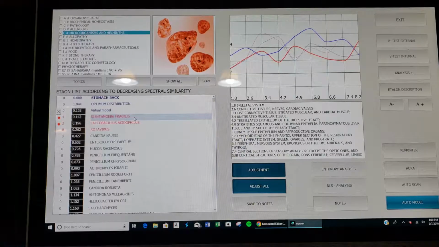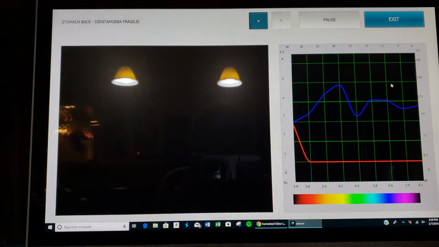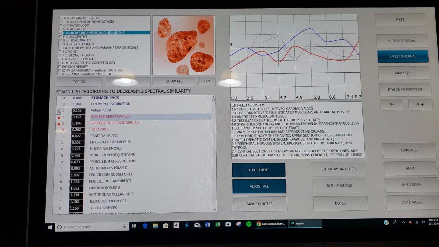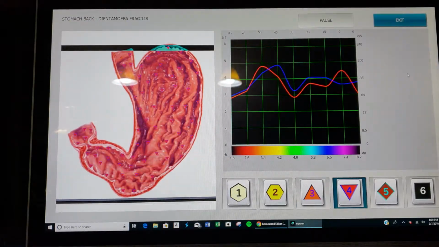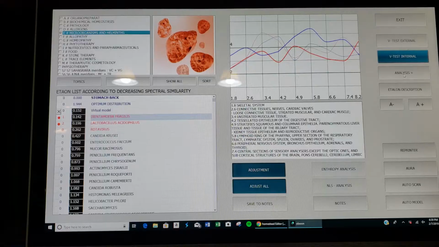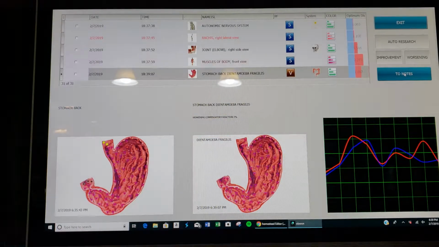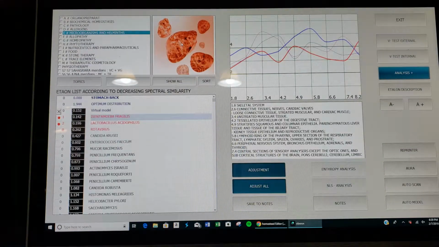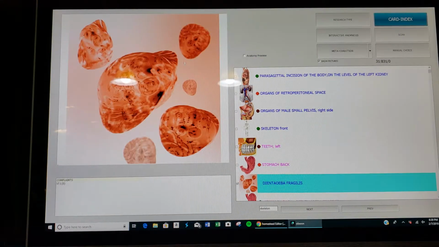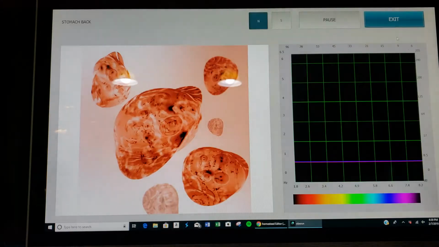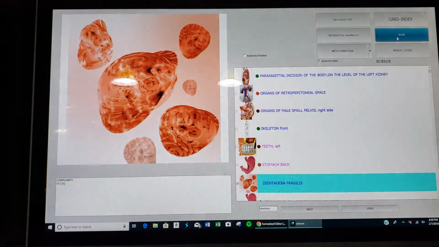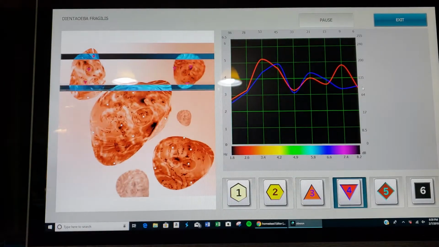It does verify whether this pathogen really exists in our body by doing an additional scan. And in this case, you can see it's weakening the stomach by 3%. So we need to treat this pathogen. We need to destroy this pathogen. And that's exactly what the device is able to do.